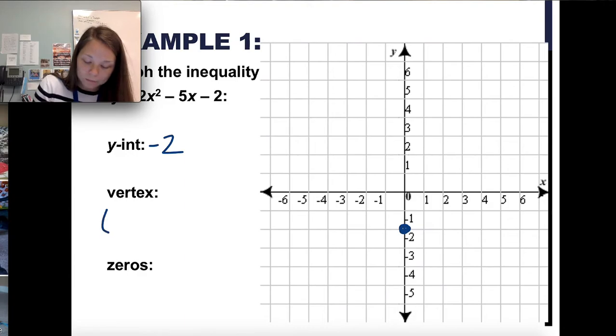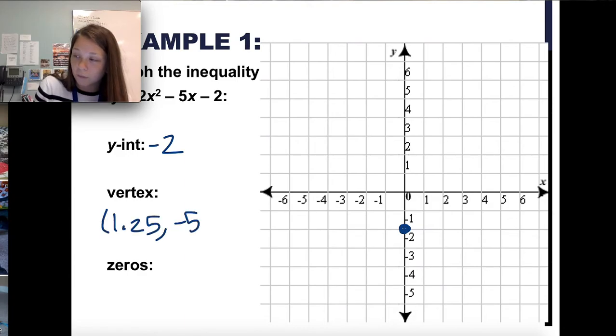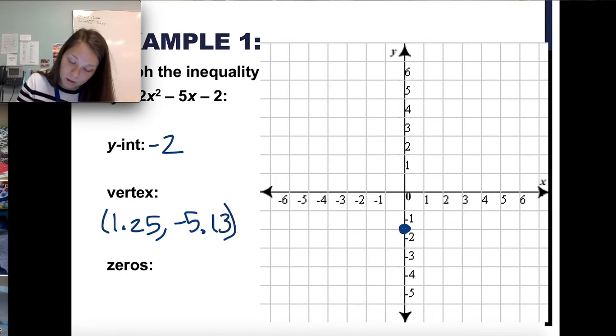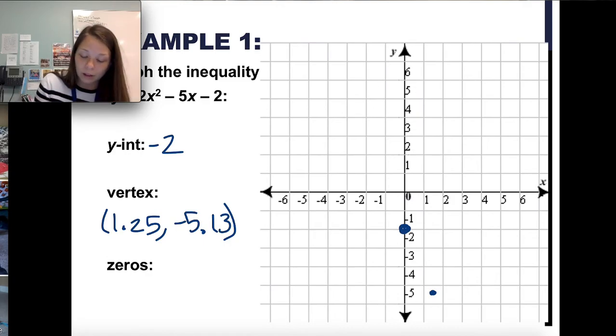But we would get the point 1.25, negative 5.13. So we're going to graph that point, which is going to be about here. From there, you could do your best to reflect the y-intercept over this line for the axis of symmetry, or you could go through and calculate and find the zeros.